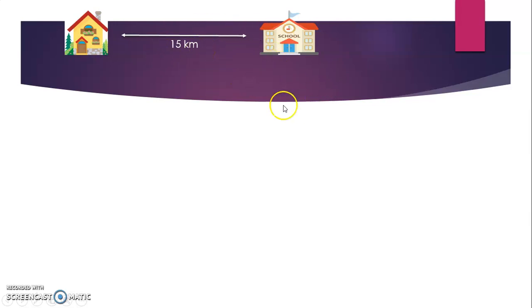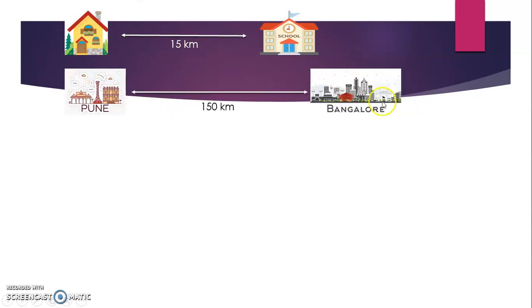What if the distance increases between two cities? The distance between two cities, like from Pune to Bangalore, is 150 kilometers. You will say, ma'am, it is again very easy to write 150 kilometers as well as to say it. What if the distance is even higher?